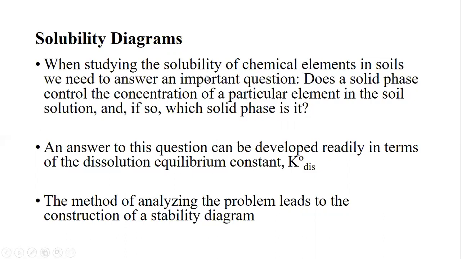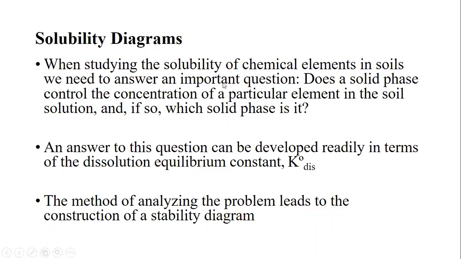Okay, let me explain it again. Suppose you are going to study the solubility, say, of calcium, of phosphorus, of any ion that you're interested in in soil solution. We can ask a question: is there a compound that is controlling the amount of that element in solution?